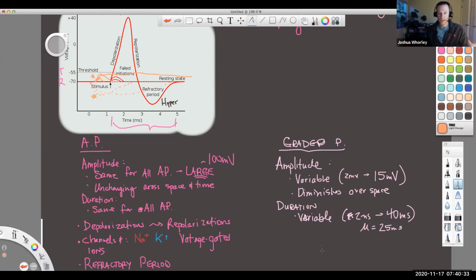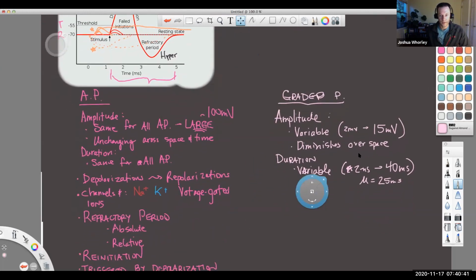And the reason is because different channels might open to produce graded potentials, right? So they are depolarizations or hyperpolarizations.